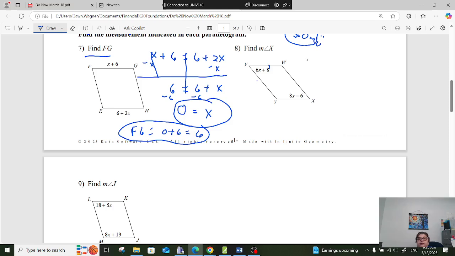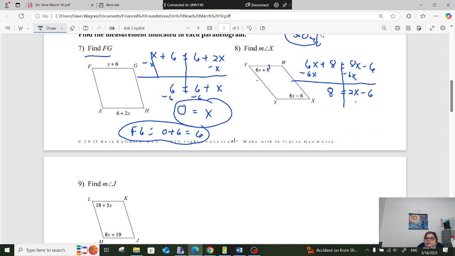Because they are congruent, I'm going to do 6x plus 8 equals 8x minus 6. I want to get variables on one side, constants on the other. So if I subtract 6x, I get 8 is equal to 2x minus 6.